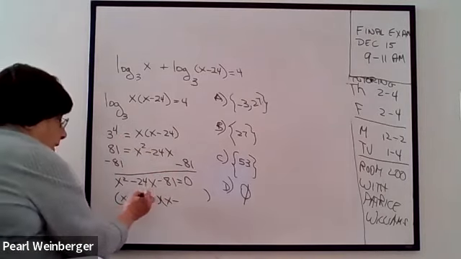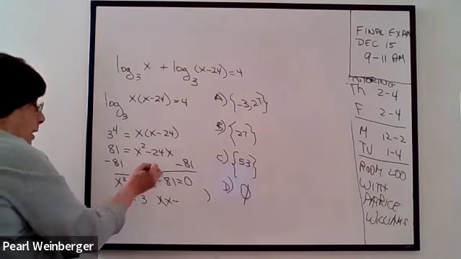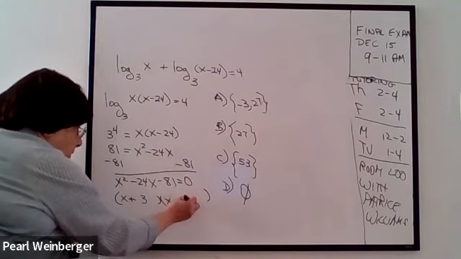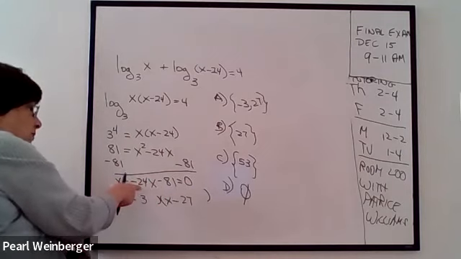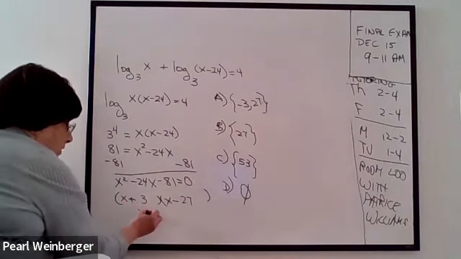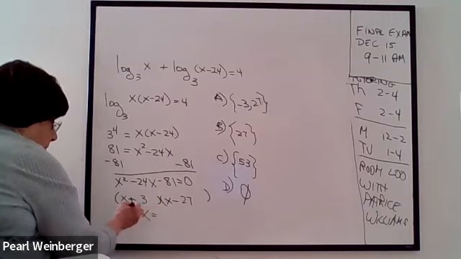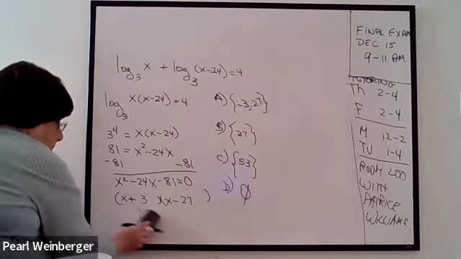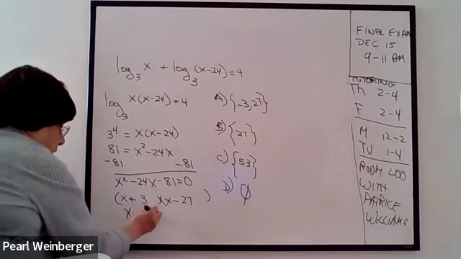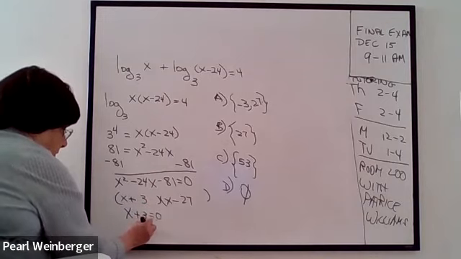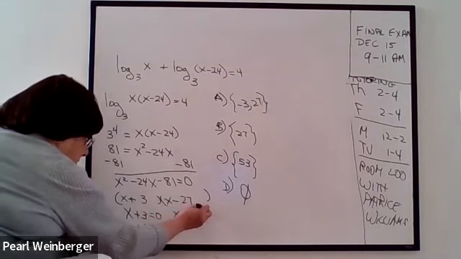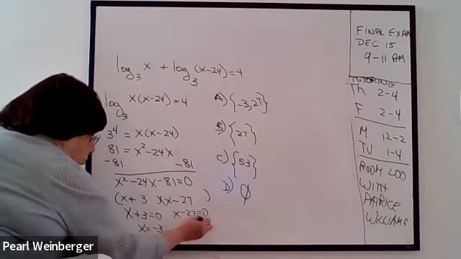It's going to be a positive 3 and a negative 27, because the larger number has to be negative since our middle term is negative. We're getting x plus 3 equaling 0, which gives us x equal to negative 3, and x minus 27 equaling 0, which gives us x equal to 27.